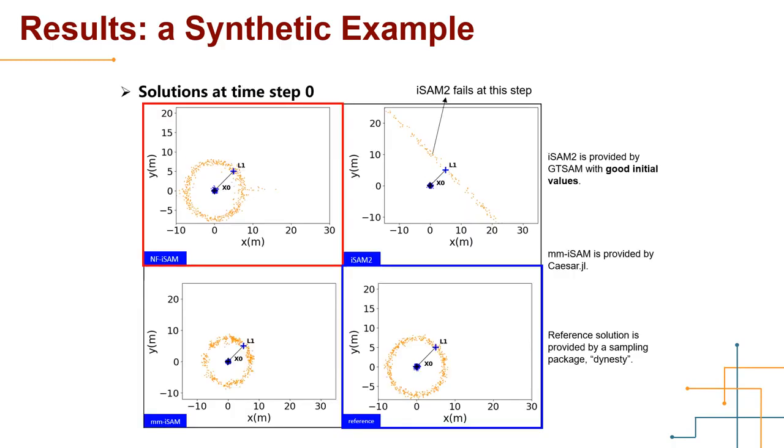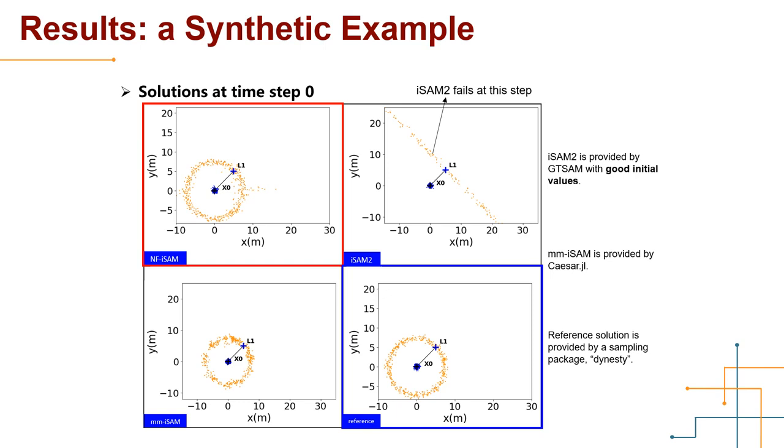Here we show samples drawn by different approaches. On the top left is NF-iSAM solution, in which the ground truth of L1 is marked by a plus marker, and its posterior samples are orange dots. It's not surprising that L1 is on a donut-shaped distribution, considering there is only one range measurement to it at this moment. iSAM2 solution is on the top right.